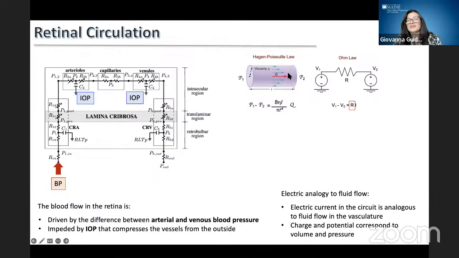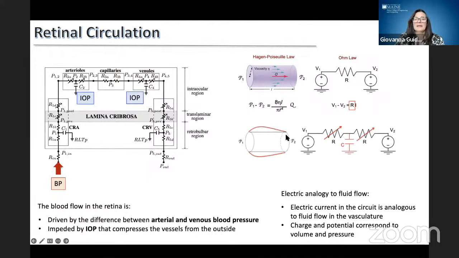And if we consider the flow of a Newtonian viscous fluid through a cylindrical pipe, then we obtain the Poiseuille law, which you see mathematically is identical to Ohm's law, assuming that we consider the pressures analogous to the electric potentials, and the volumetric flow rate analogous to the current. And then here we go, we have an expression for the resistance that is related to the fluid viscosity, the length of the segment, and the radius.